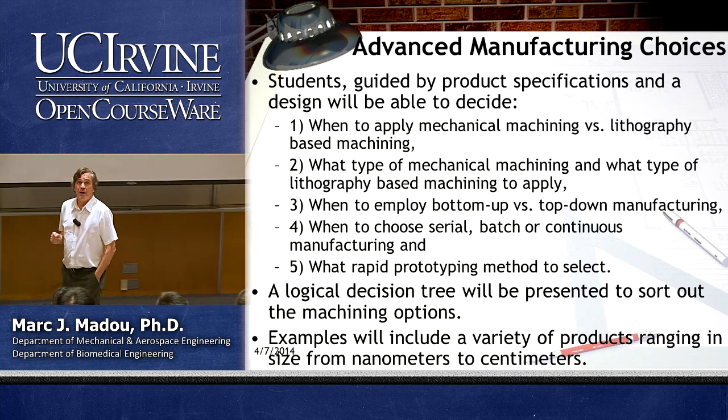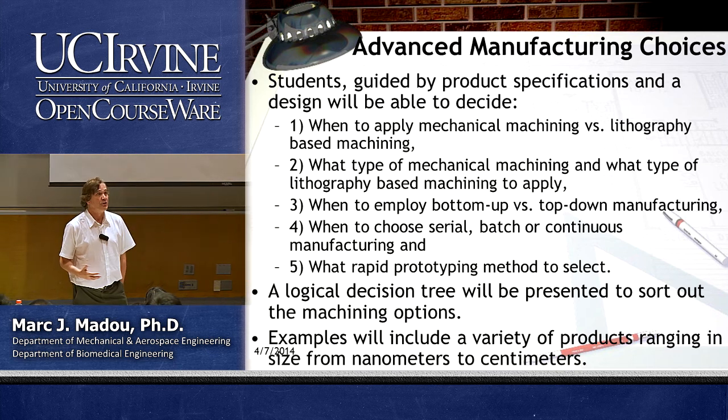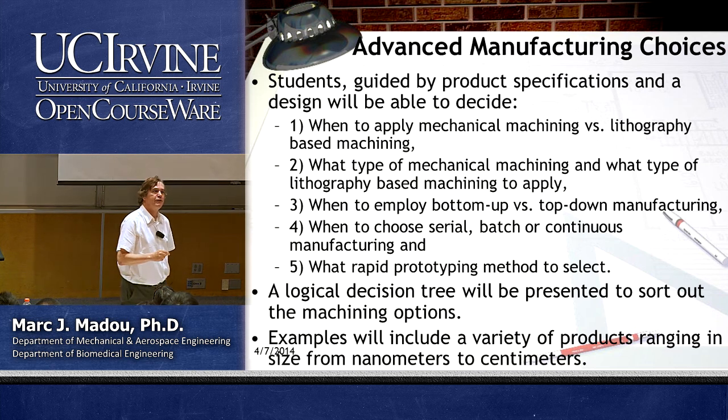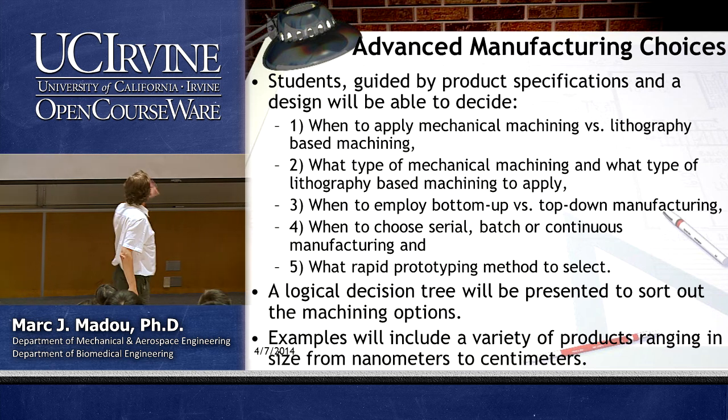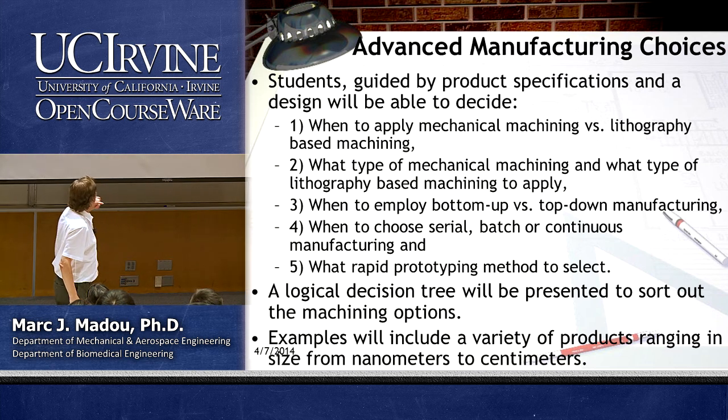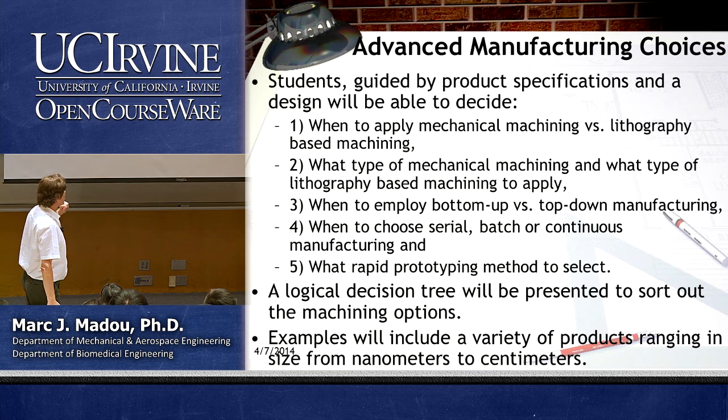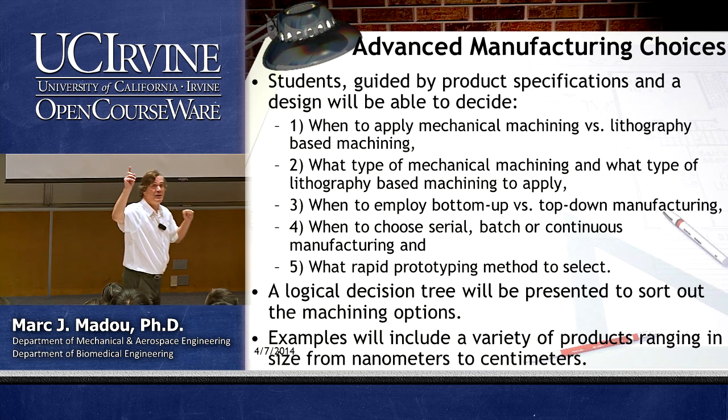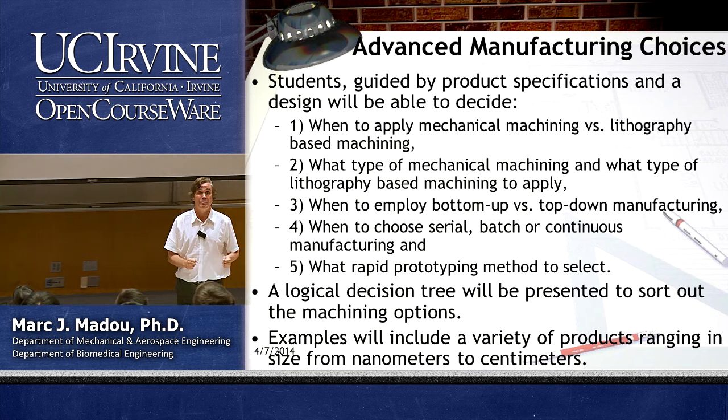Four, and we're going to talk more about that today, it's a very simple introduction, and it's yet another way of categorizing manufacturing, that is, choose a serial, batch, or continuous manufacturing method. Then five, what rapid prototyping method to select. So be there on Monday, because that's what we're going to be talking about.